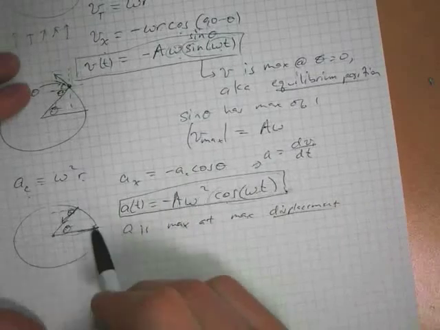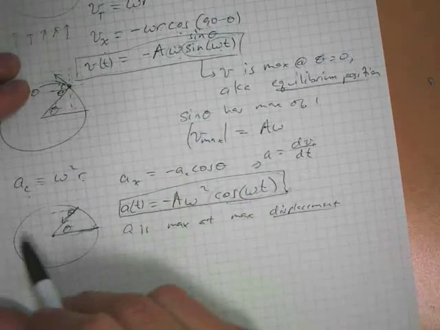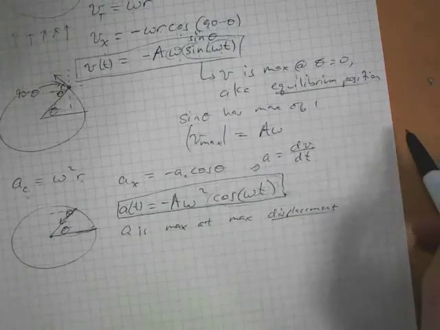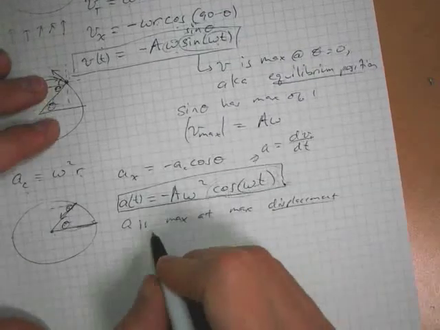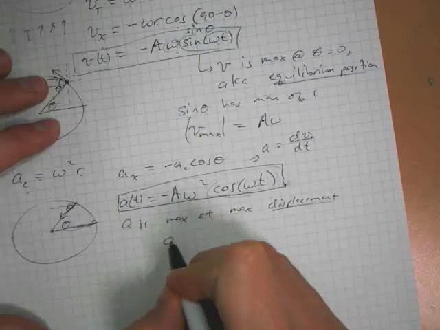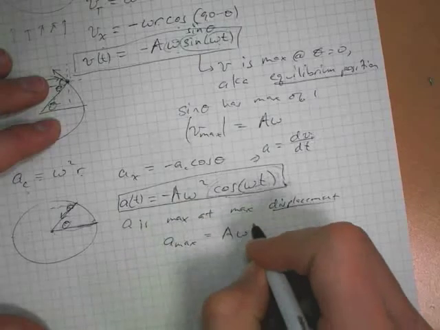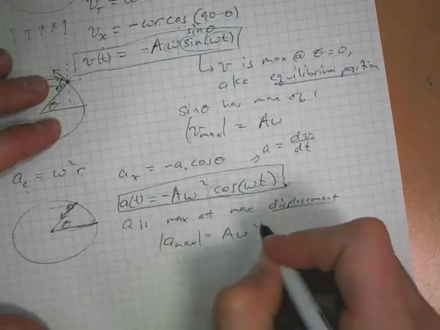Cosine of 0 is 1, cosine of 180 is negative 1, so that's where cosine hits its maximum value. And because cosine's maximum value is 1, we can see that our maximum acceleration is A omega squared, or the magnitude, I should say.